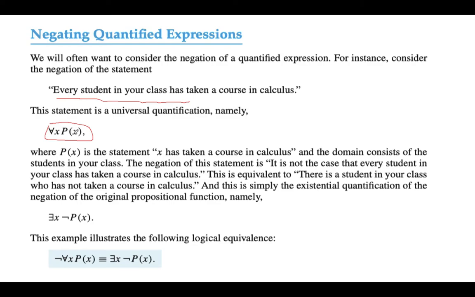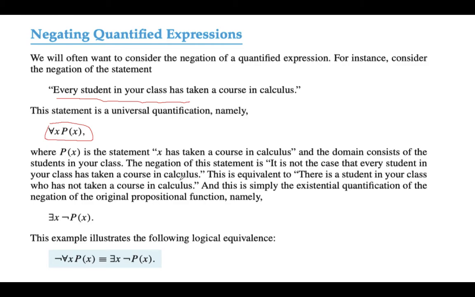P of x means x has taken a course in the calculus, where P of x is the statement x has taken a course in the calculus, and the domain consists of the students in your class. The negation of the statement is, it is not the case that every student in your class has taken a course in calculus.